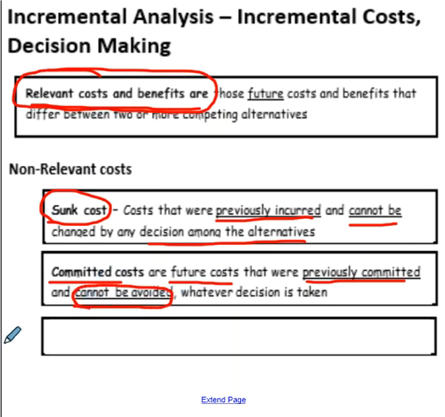Those costs are still going to be incurred. We can't do anything about those costs, no matter what decision is actually taken. So that's the definition of a committed cost. And a committed cost, just as a sunk cost, is a non-relevant cost. In other words, it's not going to enter into incremental decision analysis.